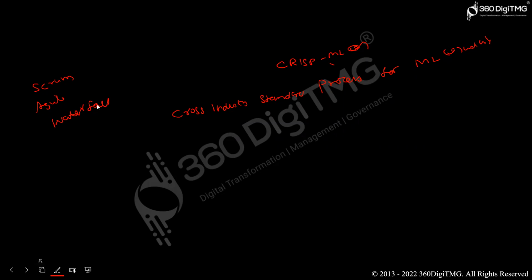In CRISP-ML(Q), we have 6 stages. Why do we use CRISP-ML(Q)? Because it helps to increase the success rate of the project.